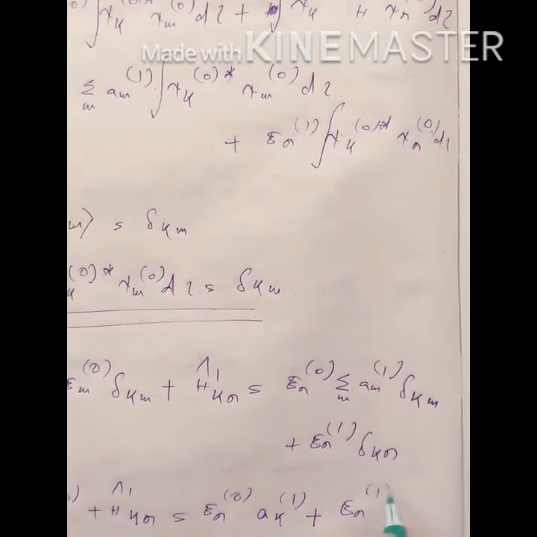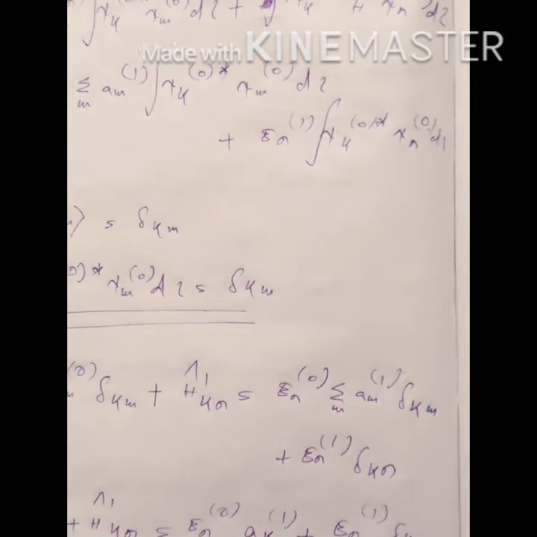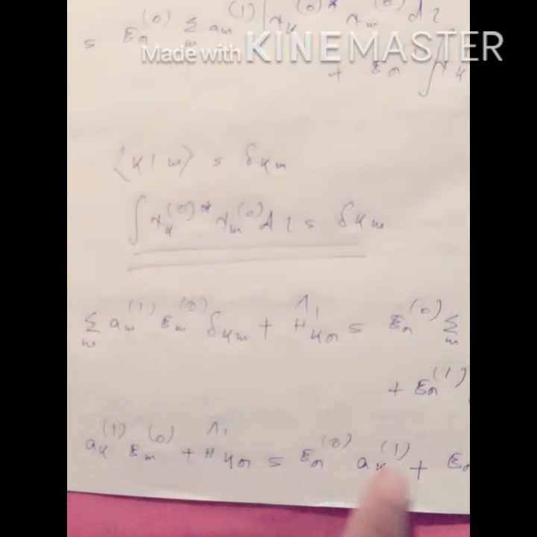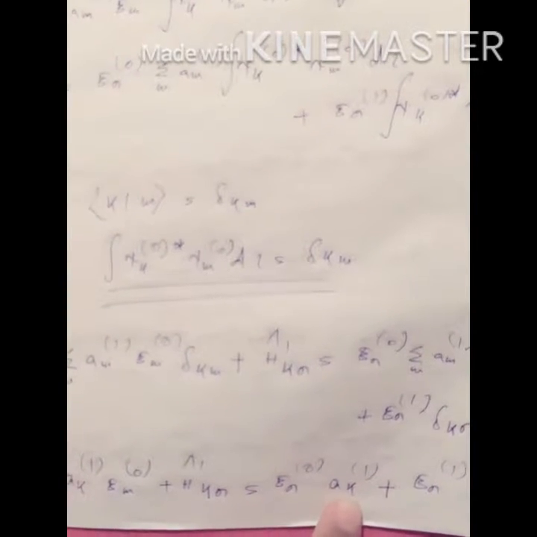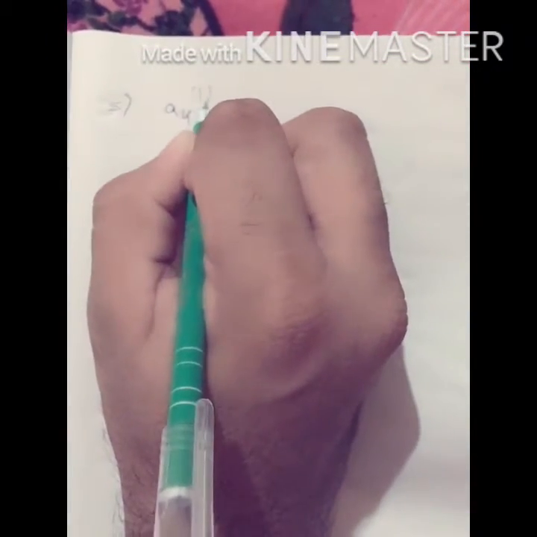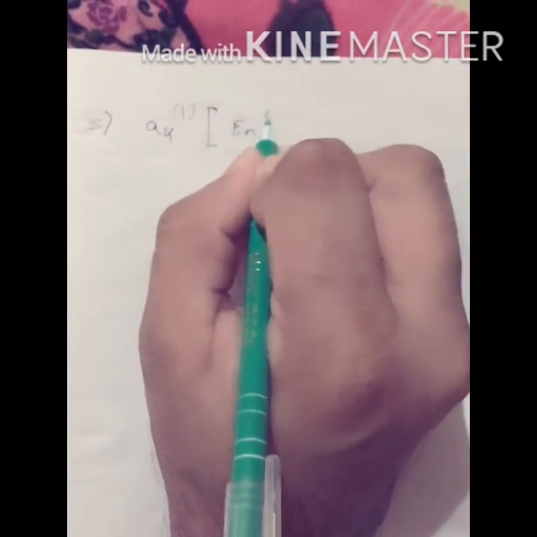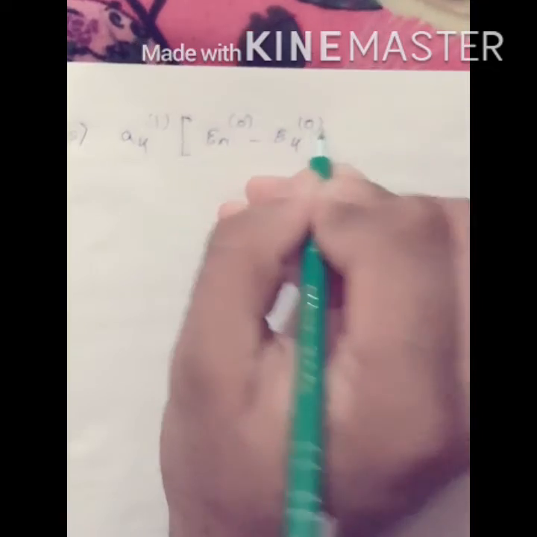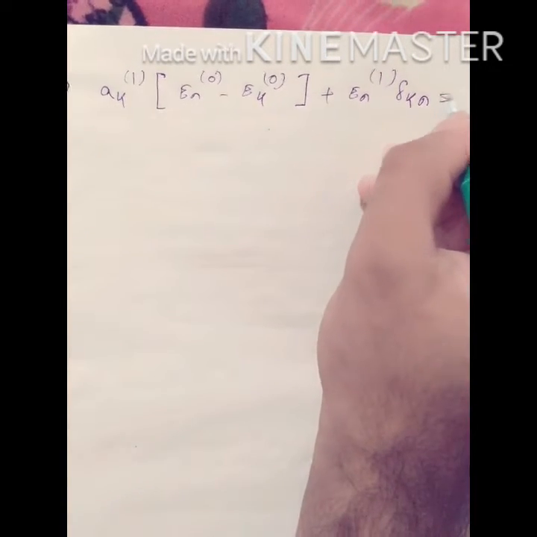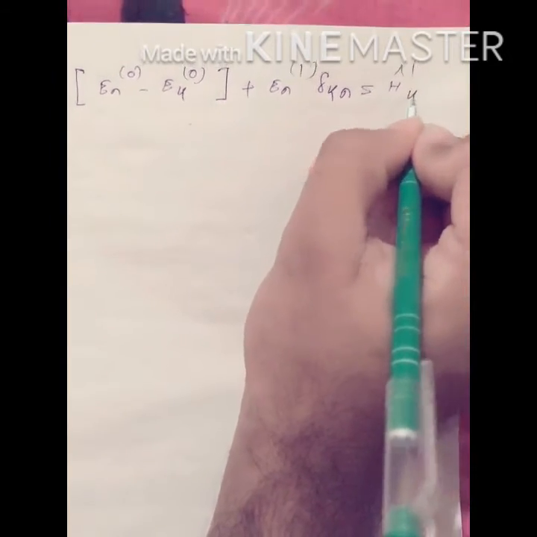We take this term to the right side and write Ak1 (En0 minus Ek0) plus En1 delta kn is equal to H prime kn.